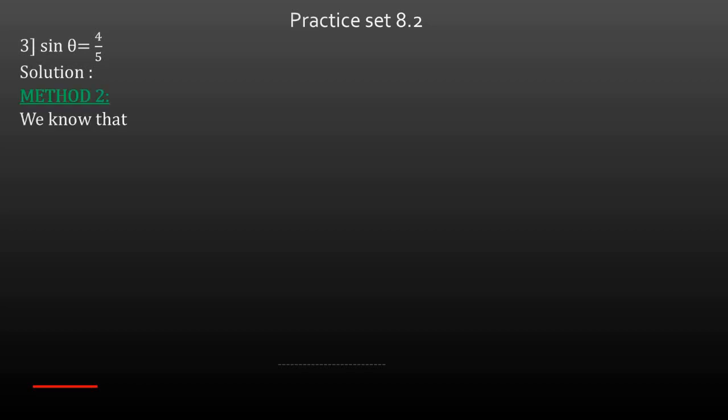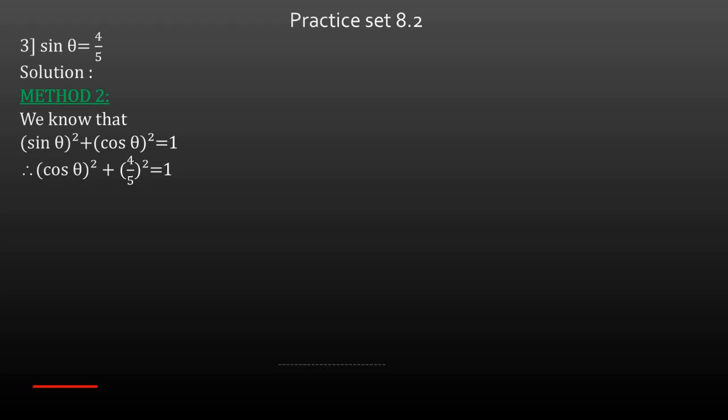So by using method 2, we are going to solve this sum. We know that sine square theta plus cos square theta is equal to 1. Now the value of sine theta is already given in the question. So let us substitute this value of sine theta. We will get the value of cos theta.